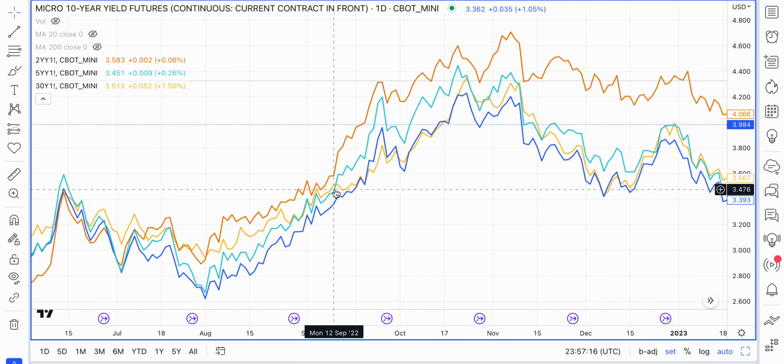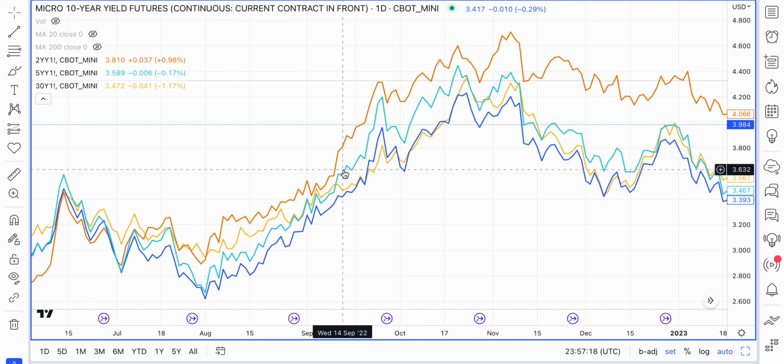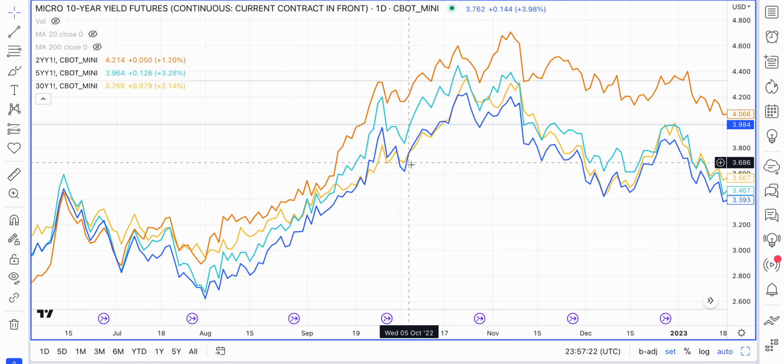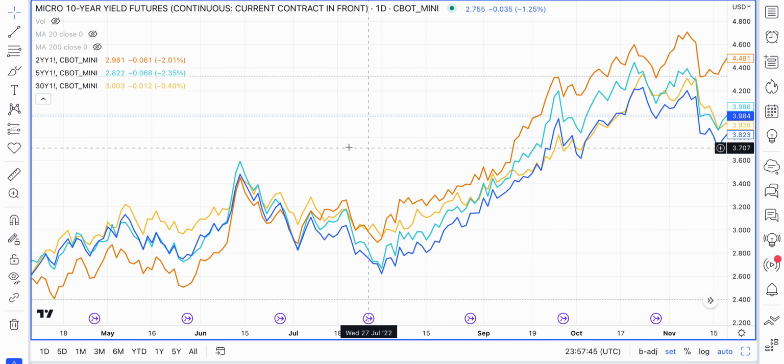Then we also see the 5-year taking over the 30-year, and the 10-year taking over the 30-year. So it went through a period known as the hump in the yield curve, where securities with maturity in the middle begin to yield higher compared to the long end, which is the 30-year long bond, for example. So that was that situation.